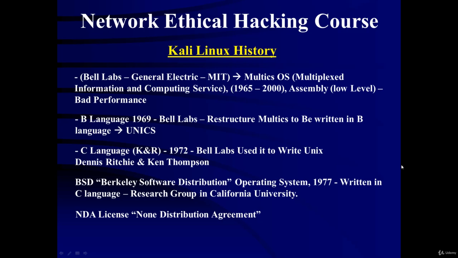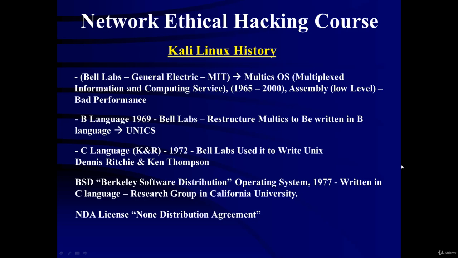After that, Bell Labs decided to convert the Unix software license to a non-free one. So they wrote their NDA license, non-disclosure agreement, and they converted their Unix license from free open source, or free source code, to non-free source code.